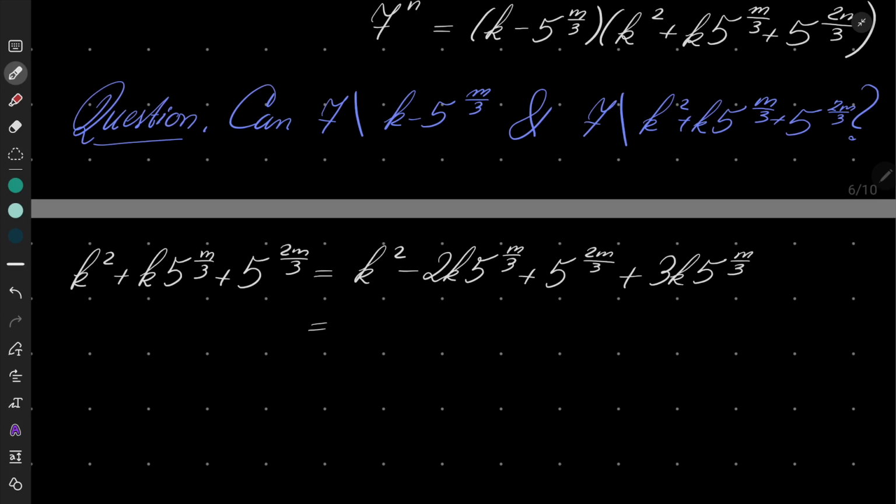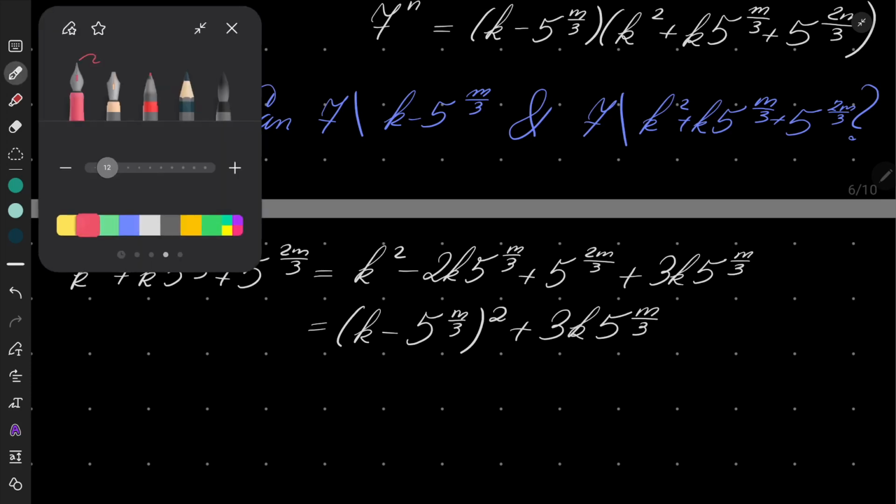And here, the first three terms are (k minus 5 to the power m over 3) squared plus 3 times k times 5 to the power m over 3.